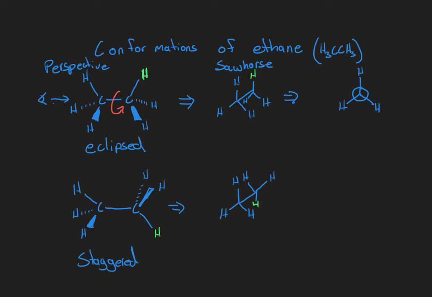For the carbon in the back, we're going to start our substituents at the top of the circle to distinguish them. And so this is the eclipsed conformation, where the dihedral angle, or the angle here, is 0 degrees.